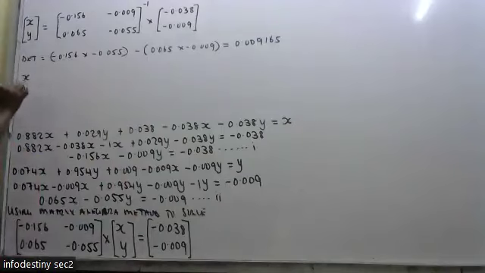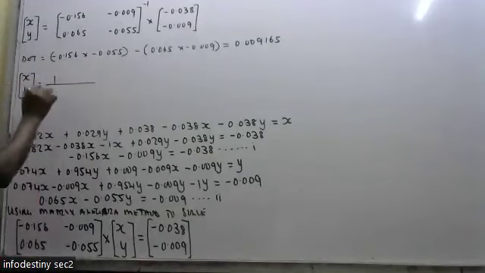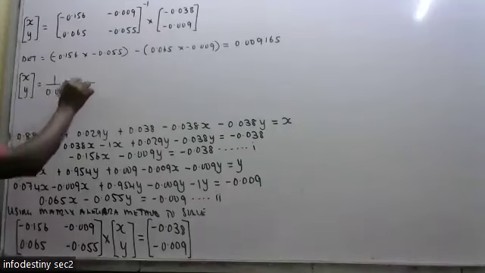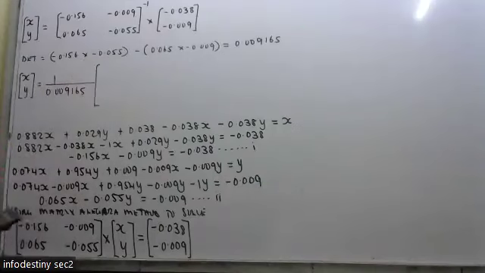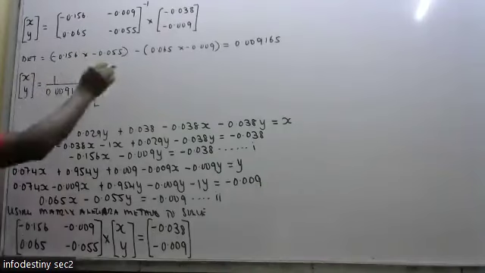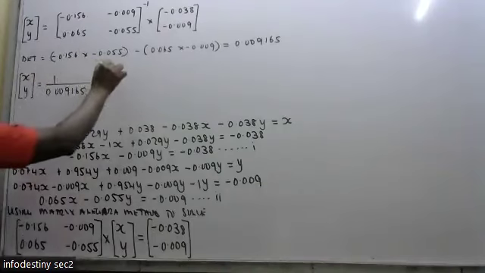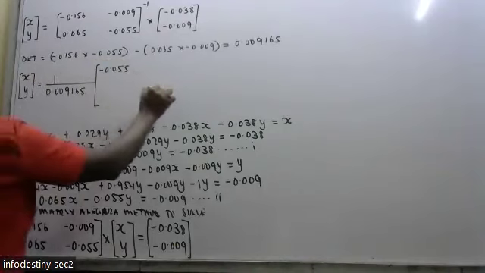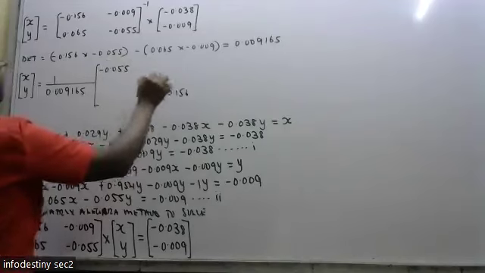So xy should be equal to 1 over 0.009165. The new matrix, we said you change the position, so that you have minus 0.055 and minus 0.156.